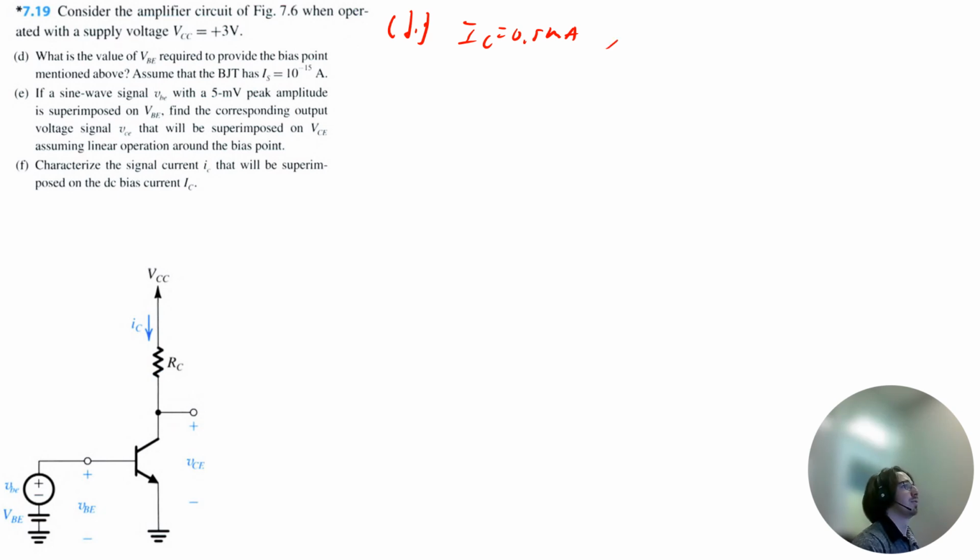So we can leverage the following equation, that the collector current IC should be equal to I sub s times e to the power of VBE divided by VT. And we just need to solve for VBE. So let's divide IS to the left side. So we get IC divided by IS is equal to e to the power of VBE divided by VT.